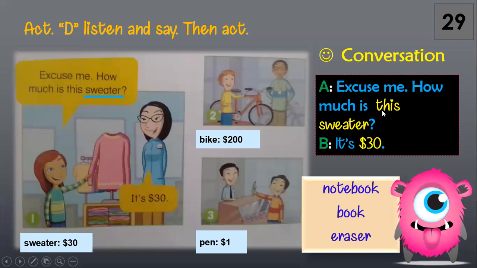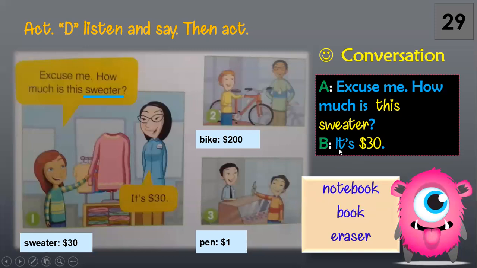This is singular, but in the second case, it's plural. How much are these shoes? And look here at the answer. They are $65.